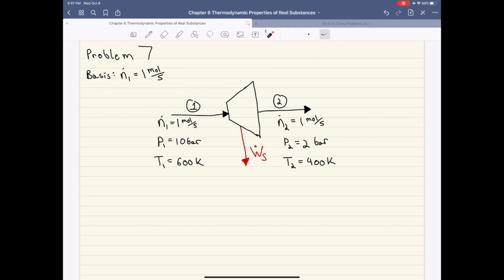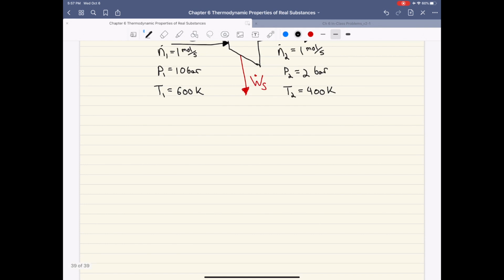And what we want to figure out for this turbine is the amount of work that we're able to extract from it. Okay? All right, and so we have one unknown, and we need one equation to solve for this one unknown.